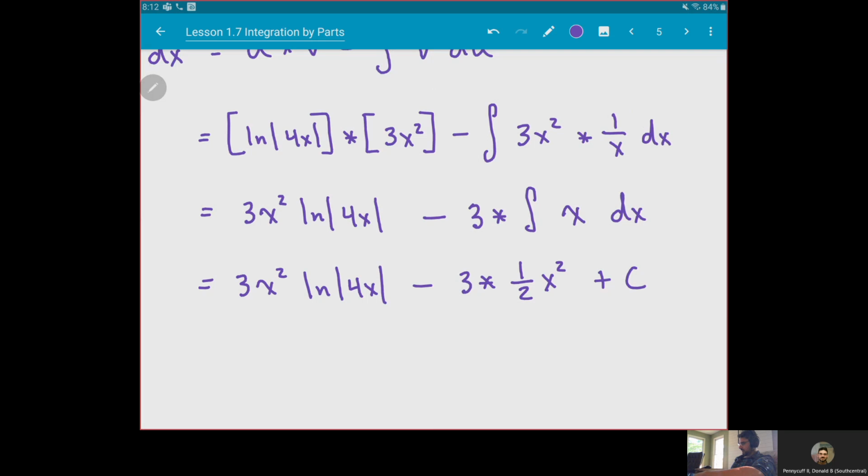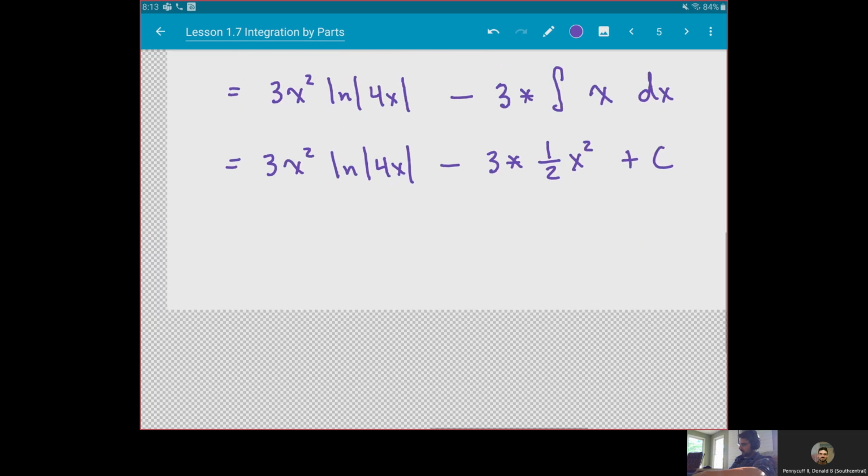That step right before this one where that x squared times 1 over x became an x, that is what gave people a lot of trouble in the past. So take a moment, look it over, see if you have any questions about it. Okay.